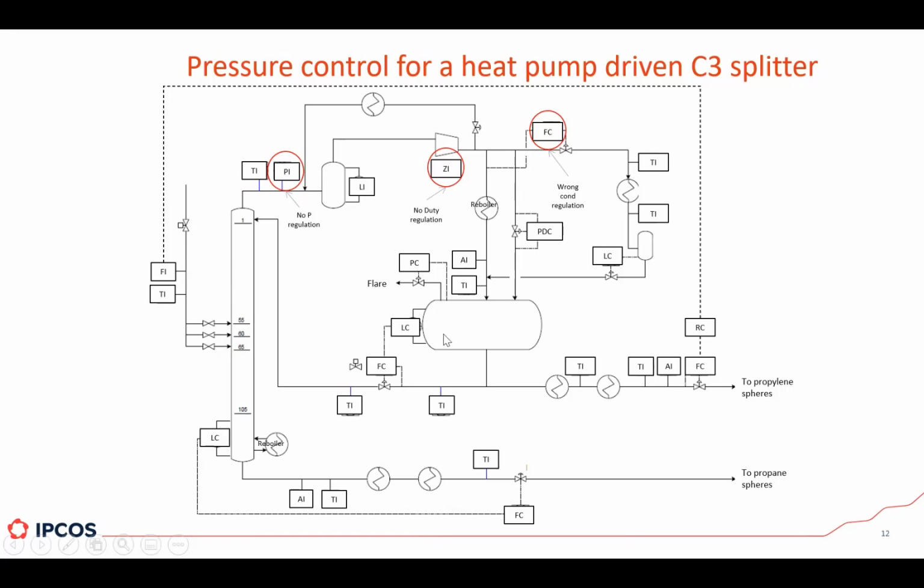So if you want to control the level in the top of the column, you have no other option but to use the reflux. If you try and use your top product flow as your manipulated variable for your level, well, you would really struggle, because then it would be like trying to control the level of a pool with a little hose.